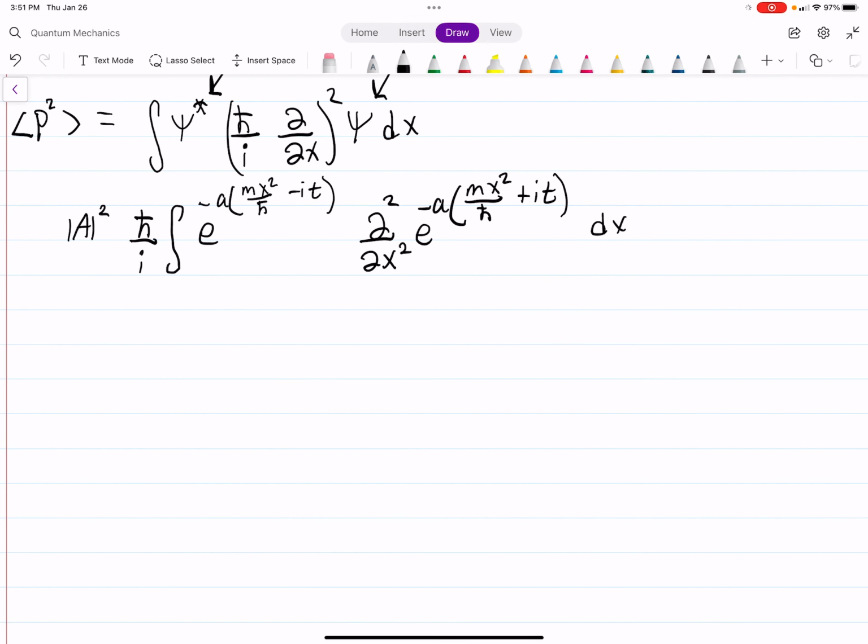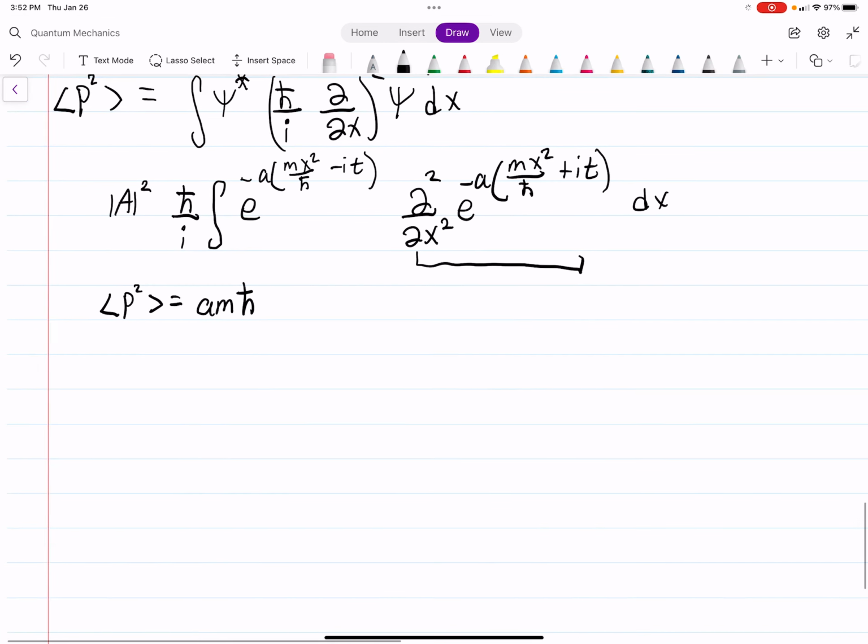Fantastic. So take a derivative of this twice. You'll get some stuff you need to integrate. Long story short, when you do all of this, your expectation value of momentum squared is just going to be a m h bar. Okay, so it's just really calculus at this point. Take a couple derivatives. You might be able to do u-sub, you might be able to do parts, you could just throw it into a calculator, and you end up getting this.